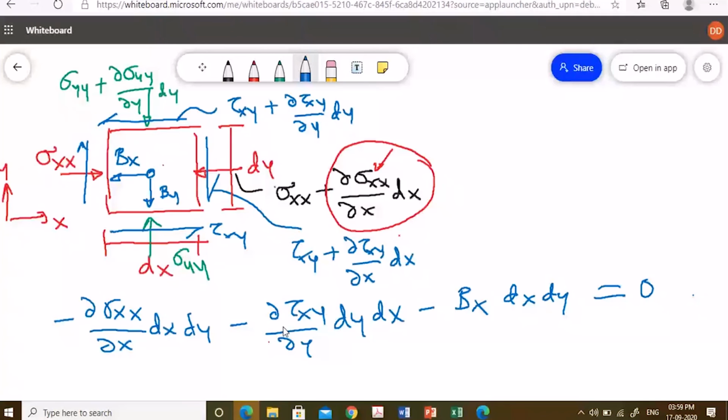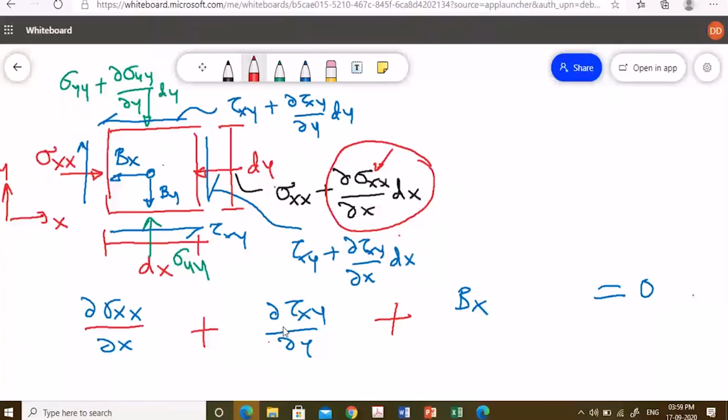Now I can delete this, this one, I can delete that, also this, and I can put plus. So what I got? Del sigma xx by del x plus del tau xy by del y plus bx is 0.